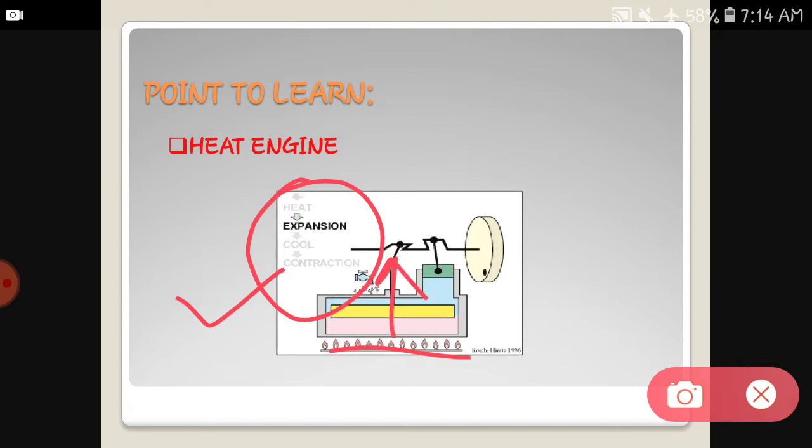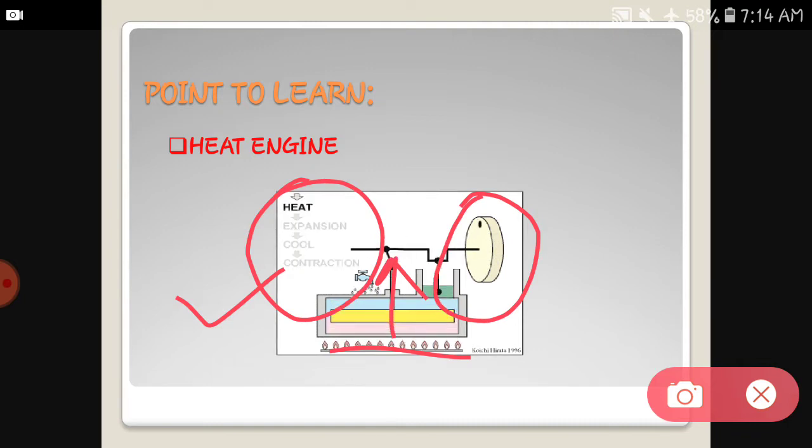It moves continuously, and as the disc moves, work is done. So heat is converted into work, or rather not all the heat is converted into work, but some is exhausted.